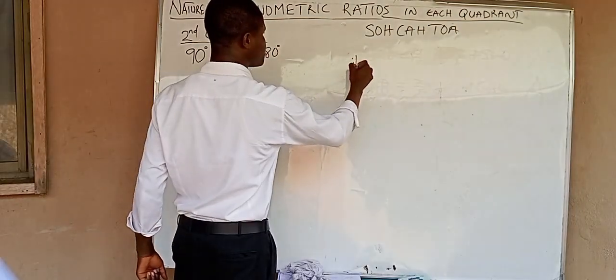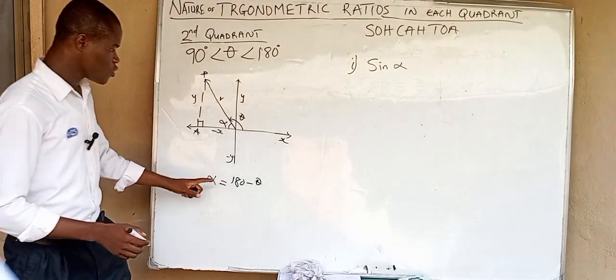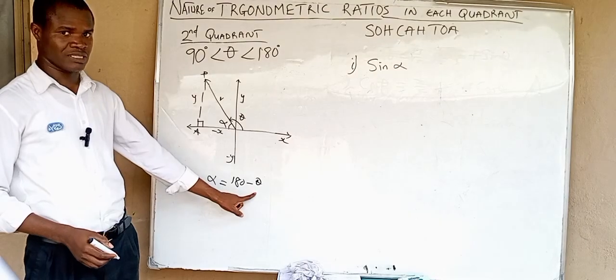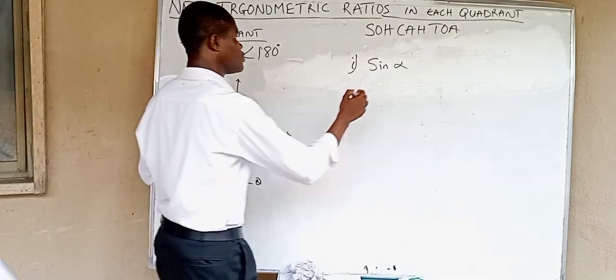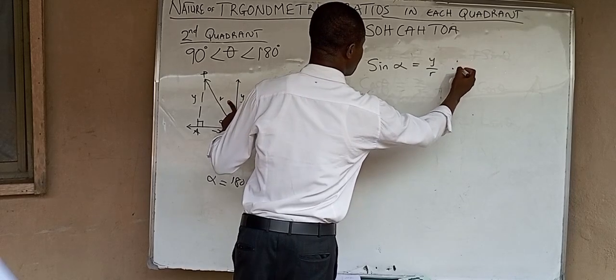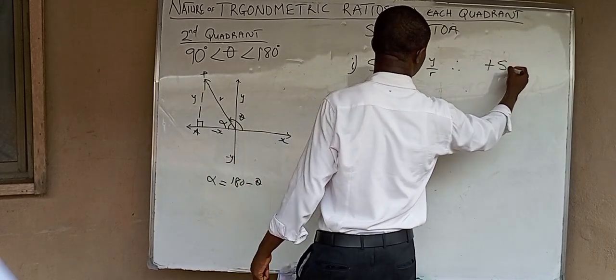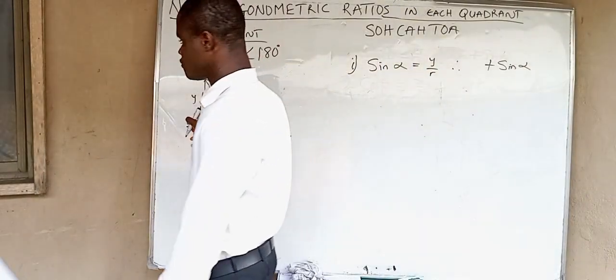The first one is sine alpha, which is the same as sine of 180 minus theta. Sine alpha is opposite over hypotenuse, which is equal to y over r. So therefore, sine alpha in this case is positive.